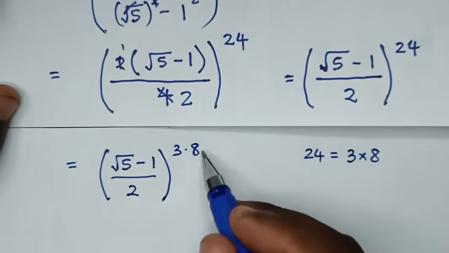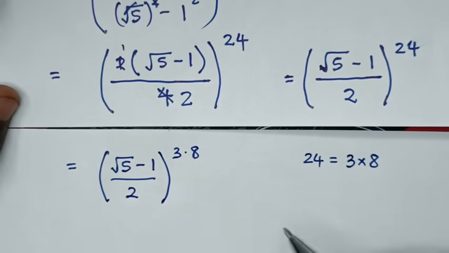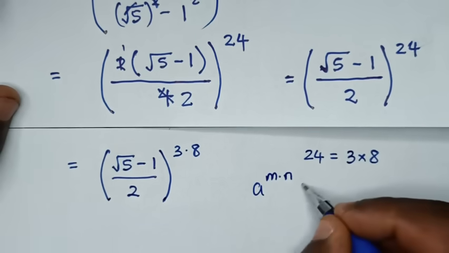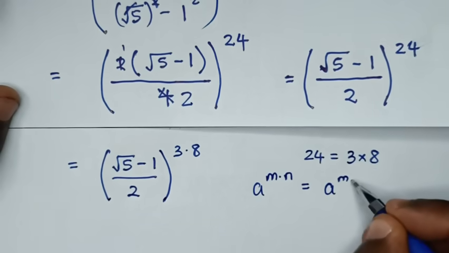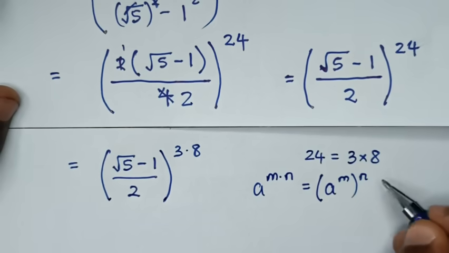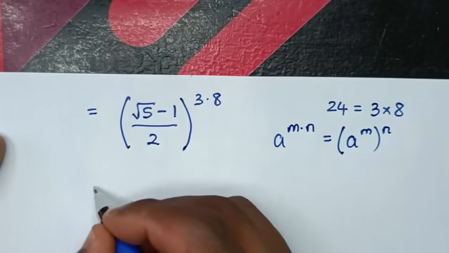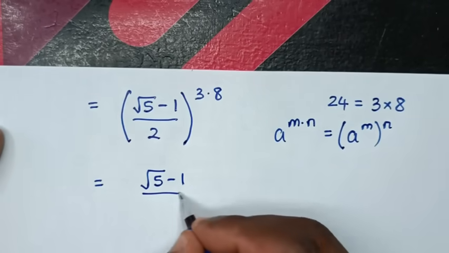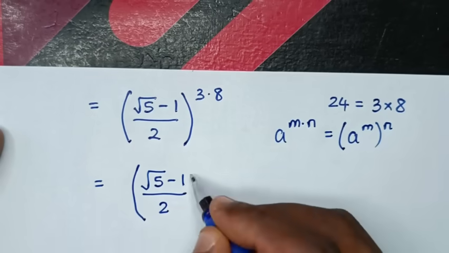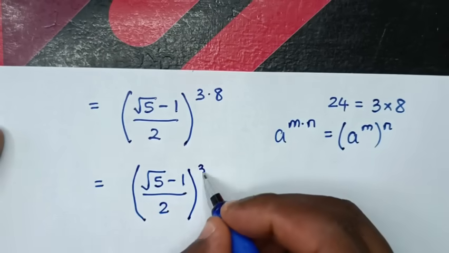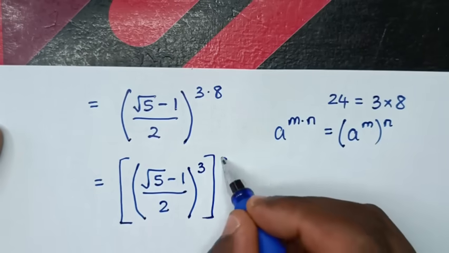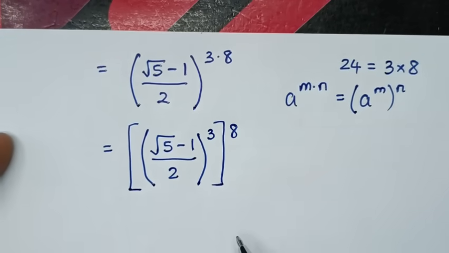Now this exponent is in the form a power of m times n, which is equal to a power of m inside the bracket, power of n outside the bracket. So it will be equal to square root of 5 minus 1 over 2, then bracket power of 3 inside the bracket, then bracket again power of 8 outside the bracket.